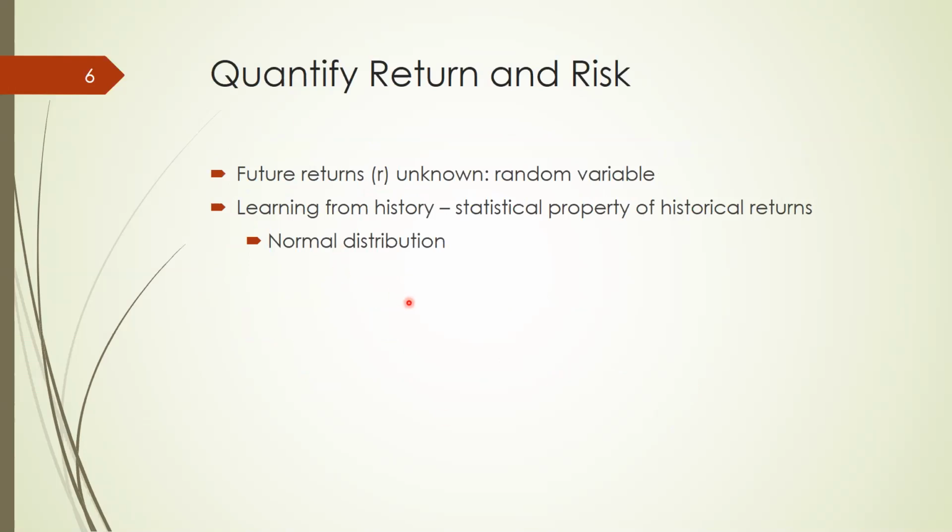To quantify the risk-return trade-off of a given financial asset, one of the most popular ways is to learn from the historical returns. Typically, for a stock or bond portfolio, the normal distribution provides a good approximation of the underlying distribution.